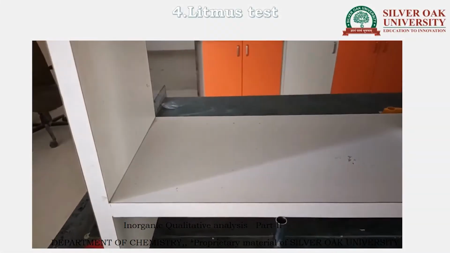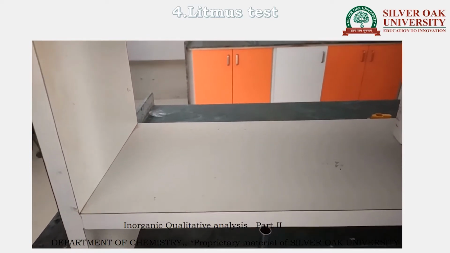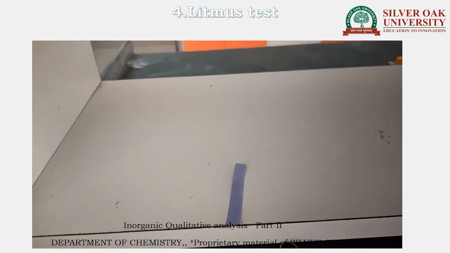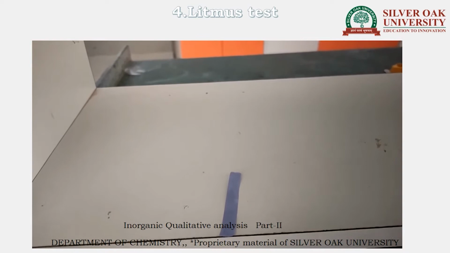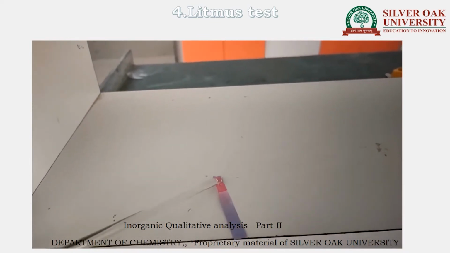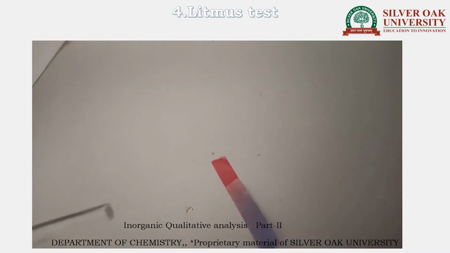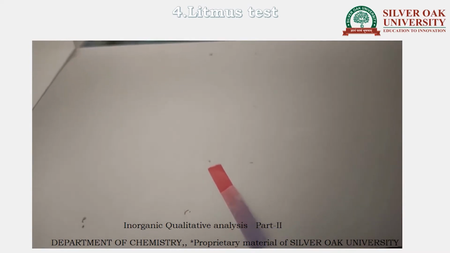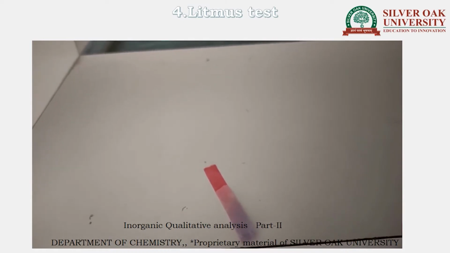Now our next test is the litmus test. First we have to take a litmus paper and put 2 to 3 drops of your unknown solution on the litmus paper. You can see it turns red, blue to red color. So acidic salt may be present in your unknown mixture.